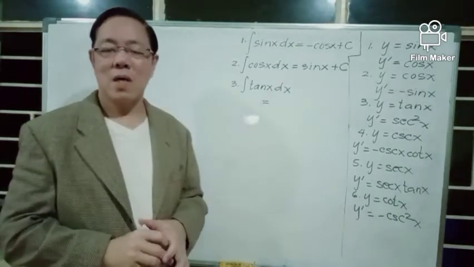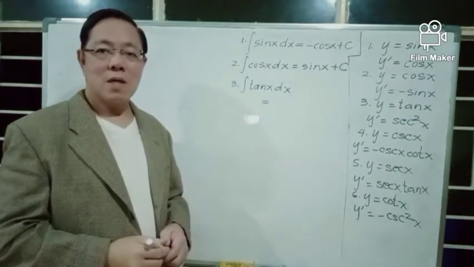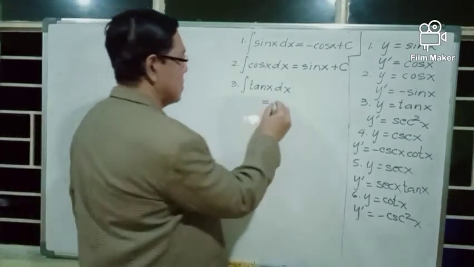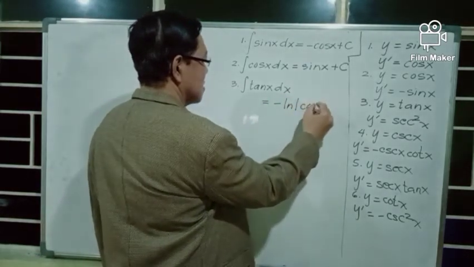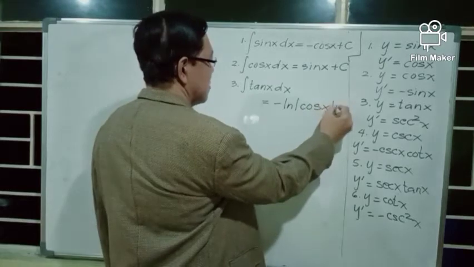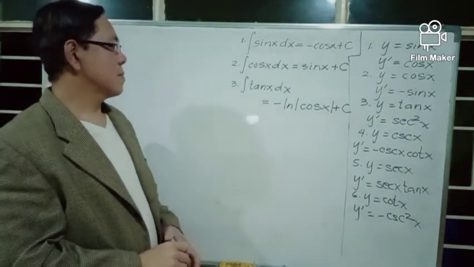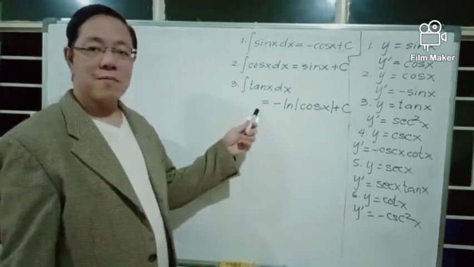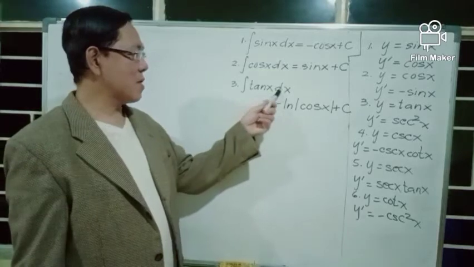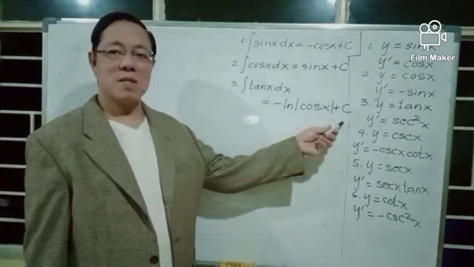You can give the integral of tangent x in two ways. You can write negative ln of cosine x plus c. This is the first value of the integral of tangent x with respect to x, the negative of ln of cosine x plus c.